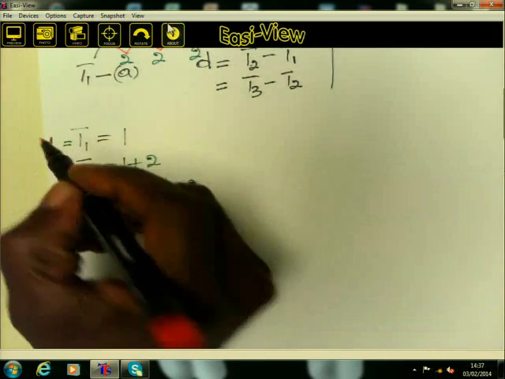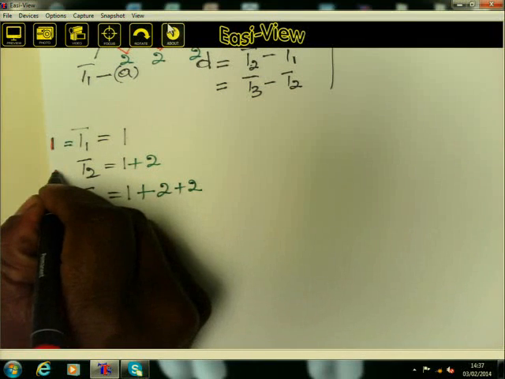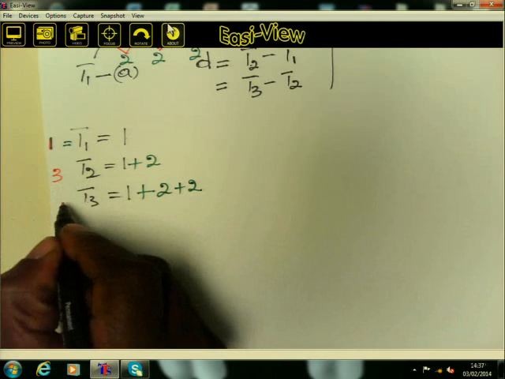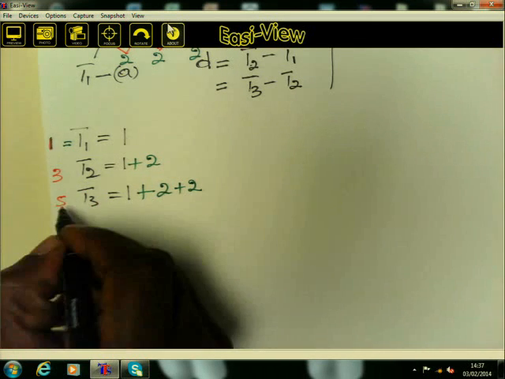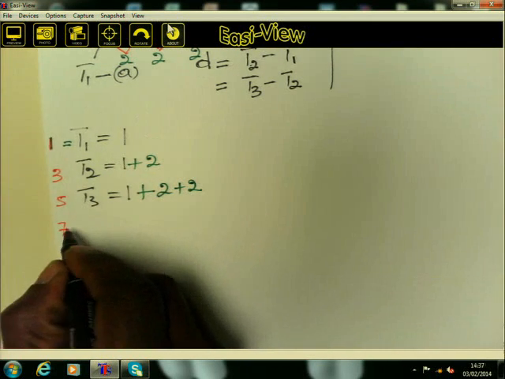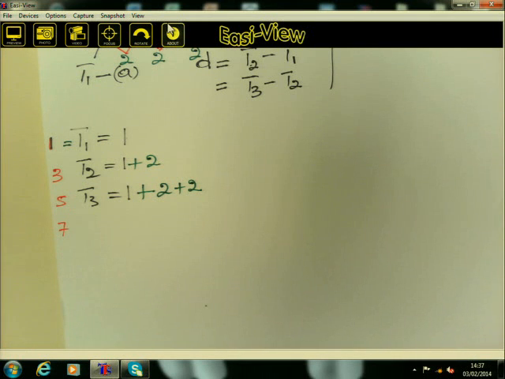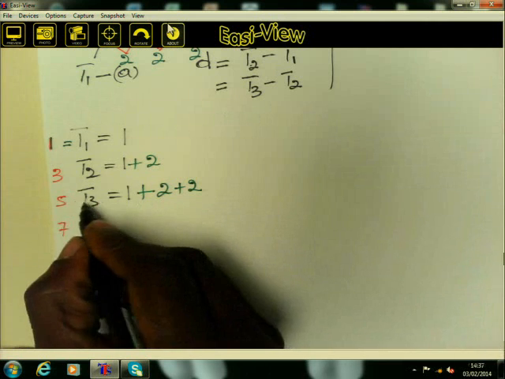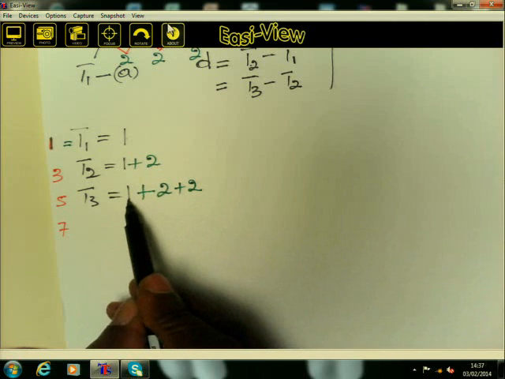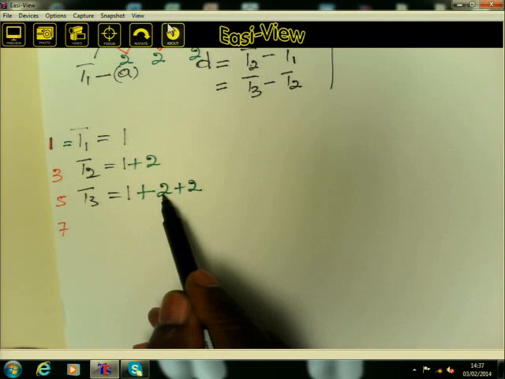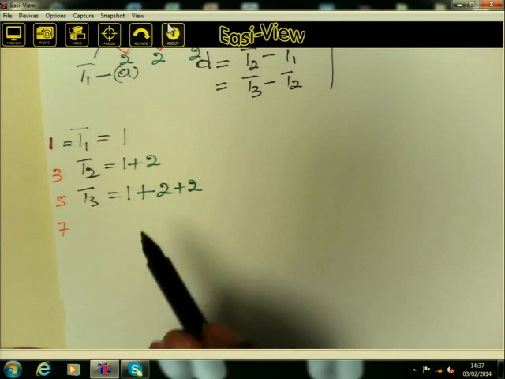It is 1 as the first term. That one will be 3. That one will be 5. And then the next one is 7 there. So we say, in this case, this is our T3, which is going to be 1, the first term, plus the difference and another difference.